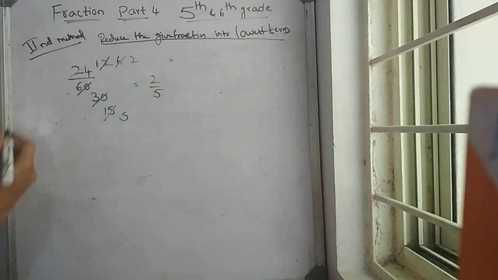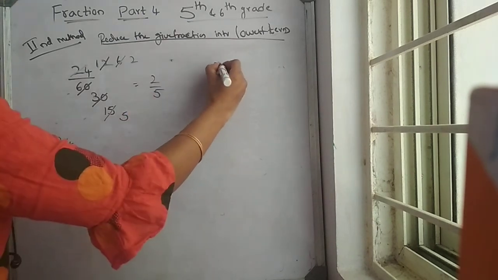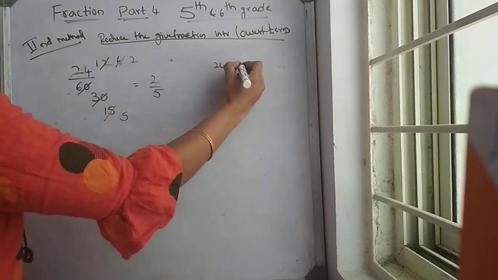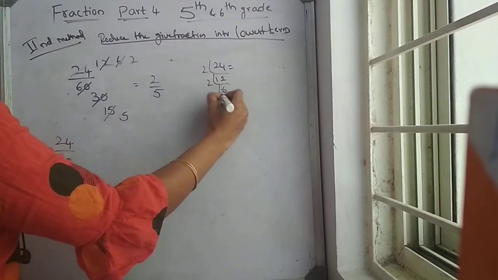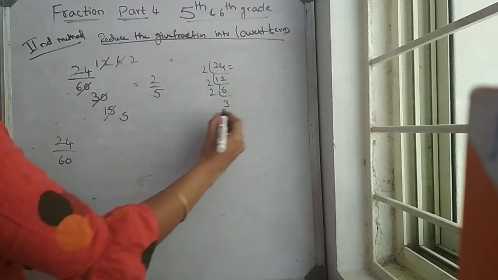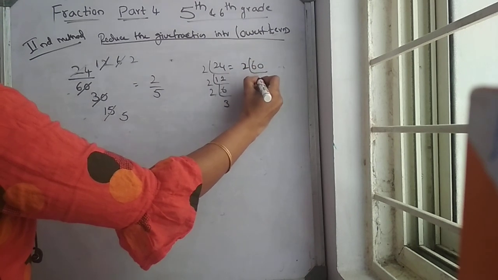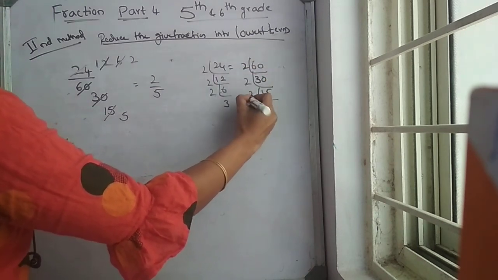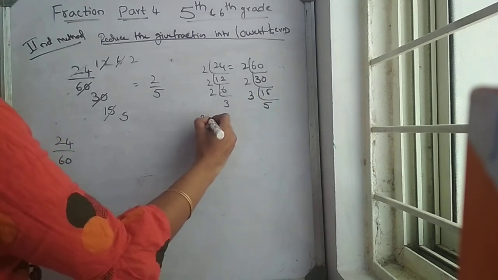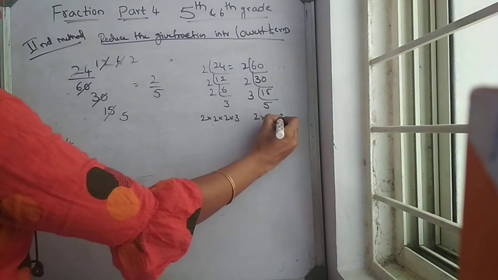If you are confused, you can do it like this also. First find the common factors of 24 and 60. 24: 2 12s, 2 6s, 2 3s. 60: 2 30s, 2 15s, 3 5s. Here 24 is 2 into 2 into 2 into 3, and 60 is 2 into 2 into 3 into 5.